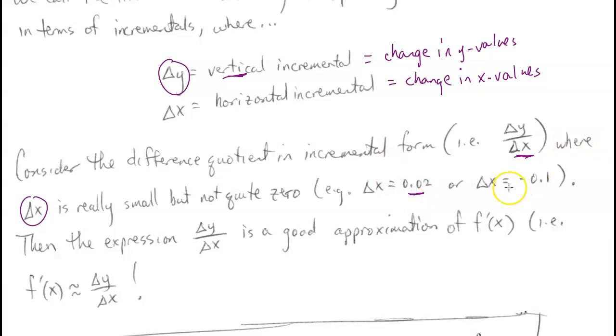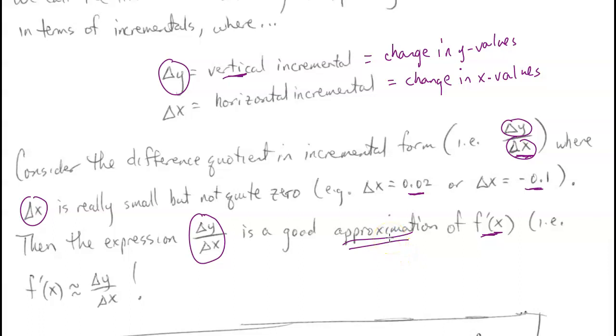Or we could make this negative if we're going, let's say, from 6 to 5.9, a change of minus 0.1. Then if we look at these incrementals as small changes, the expression here is what we call a good approximation of the derivative, okay?